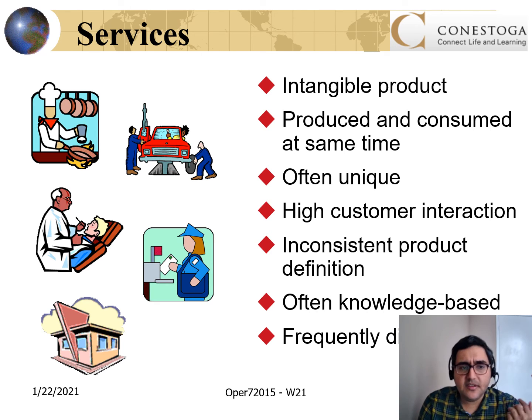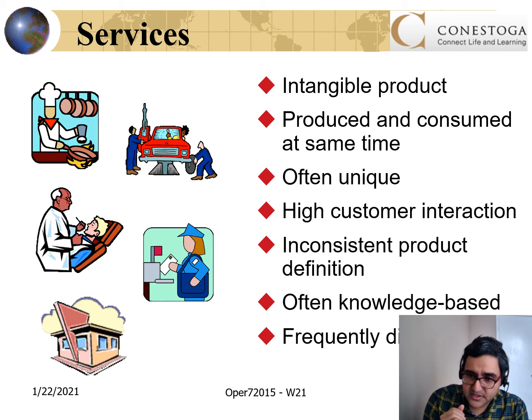The same is the case with food: there is nothing like 'this is the taste I want'. If you're going to a fine dining restaurant, the chances are that you'll have a better, unique experience, and there is no consistent definition. So please understand, this is the basic difference between a goods industry and a service industry.